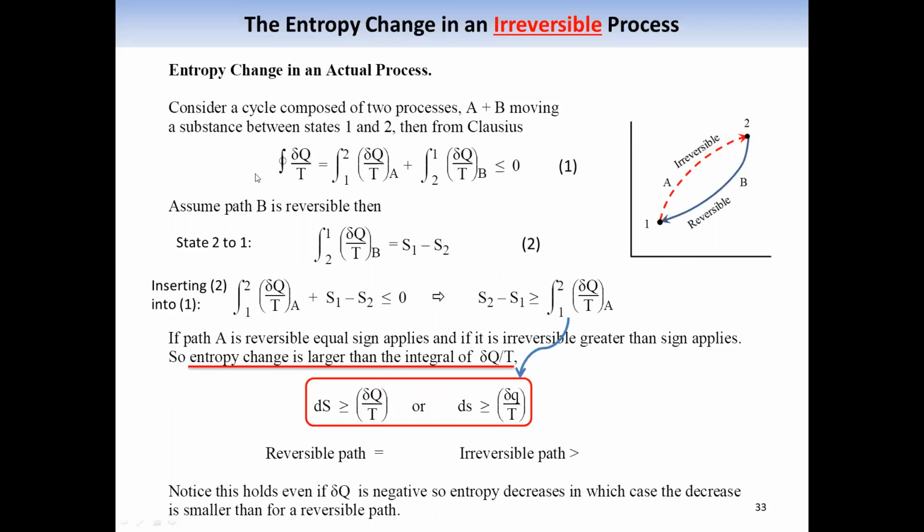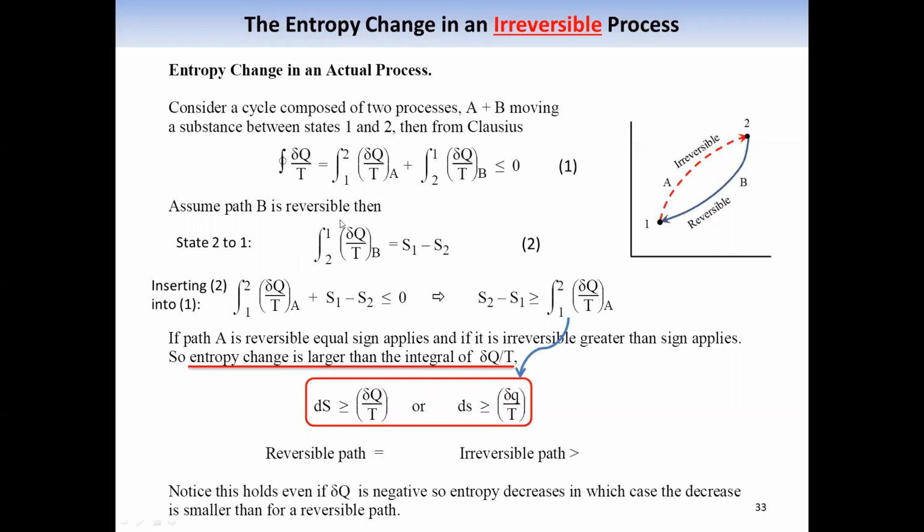If we would like to integrate dq over T for this complete cycle, this integral can be broken into two parts. And based on the discussion of Clausius inequality, we know the combination of these two terms is smaller than or equal to 0.